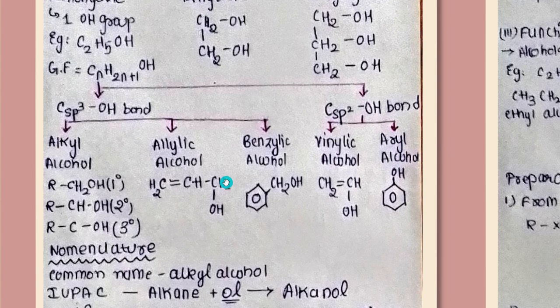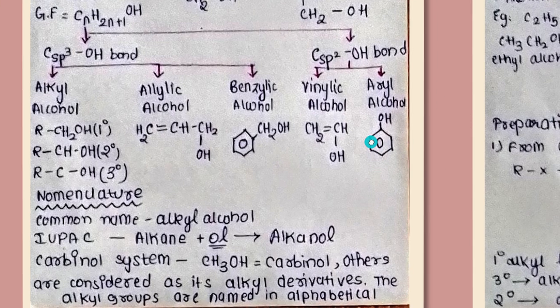Allylic is when our carbon is attached to the two carbons with double bond, and the third carbon is having the OH. But in vinylic, out of the two having double bond, any one is having the OH bond. This is known as vinylic alcohol, as you can understand from the diagram. Now coming to aryl alcohols. In this case, our OH is directly attached to the benzene ring.